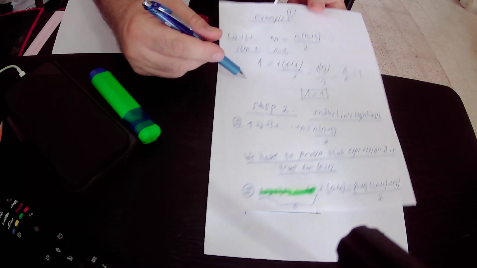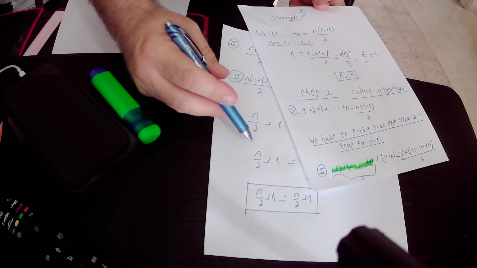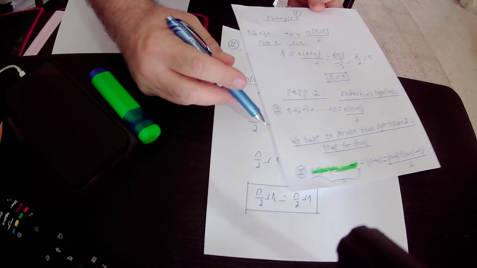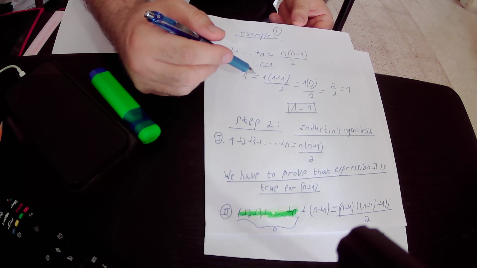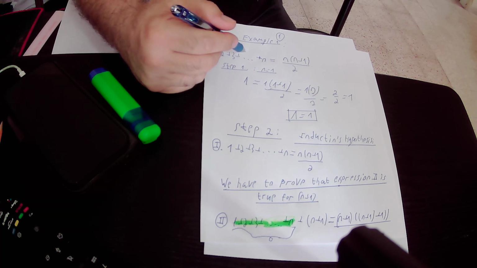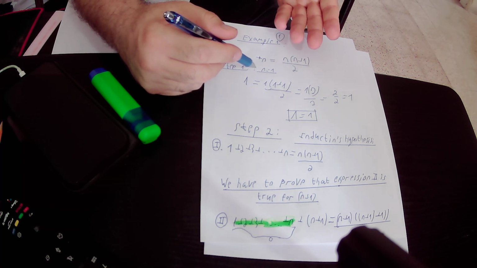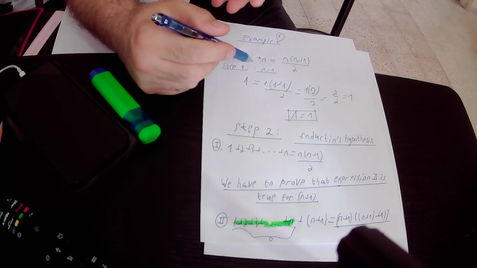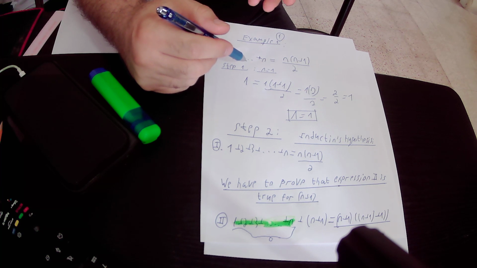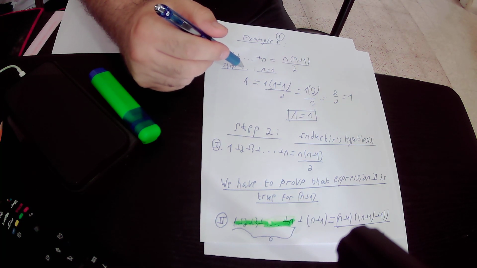And from our general proof that if it is true for n, it is also true for n plus 1, we can say that for n equals 1 it is true, because we checked it, so it must be true for n plus 1, that is 1 plus 1, so it is also true for 2, and we will continue with the same process.